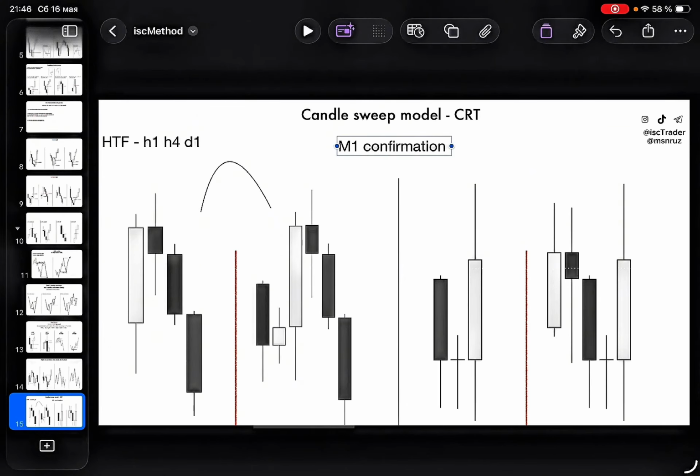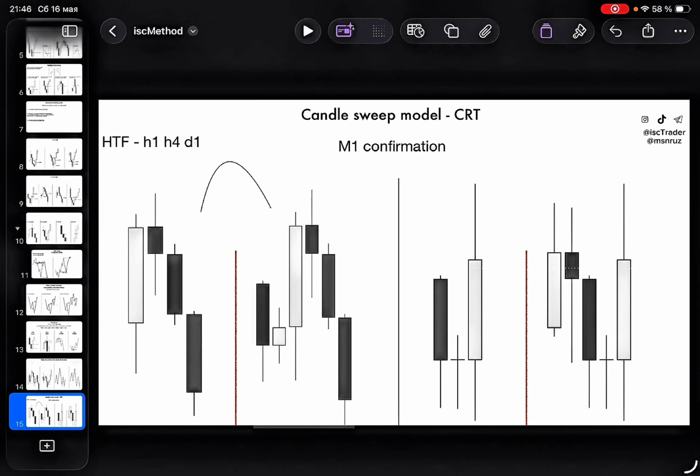We only enter a trade on the M1 time frame. We get a confirmation: liquidity sweep, breakout, inducement sweep, another breakout, exactly like that. Then we enter the trade.